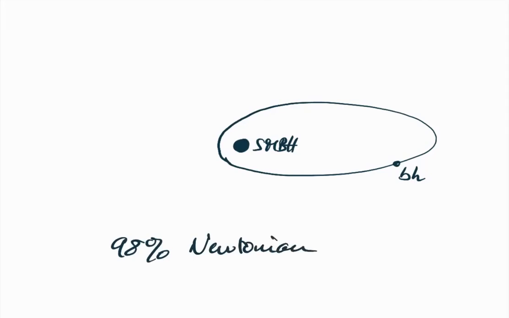And this was actually the big achievement of special or restricted relativity. It managed to explain that missing 2%. Okay, but in any case, Mercury is precessing, and we can explain that with Newtonian physics and the help of special relativity.